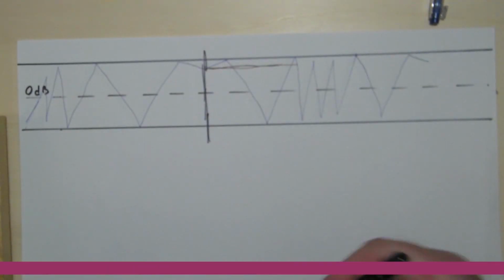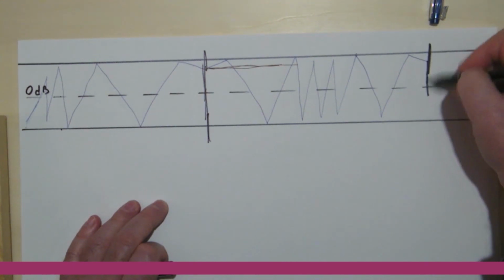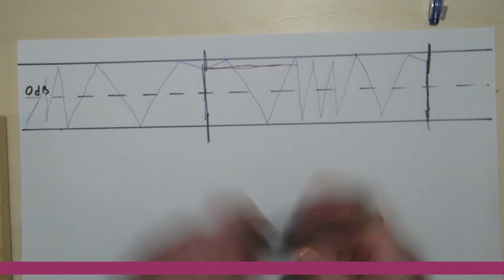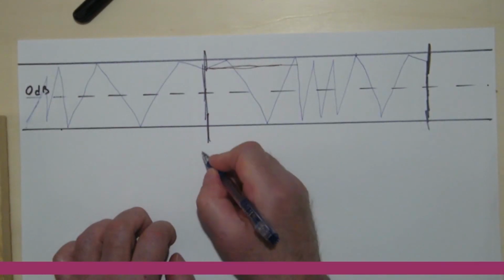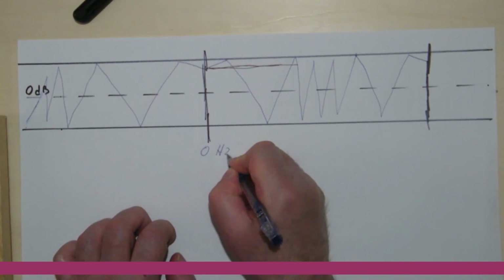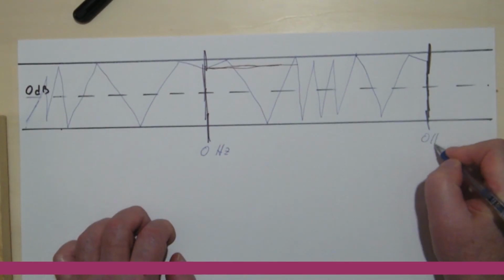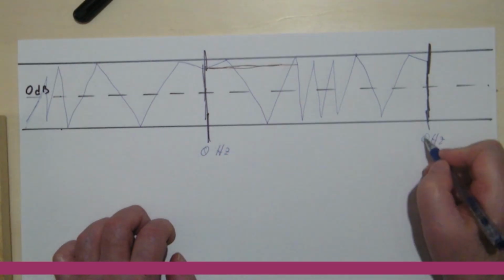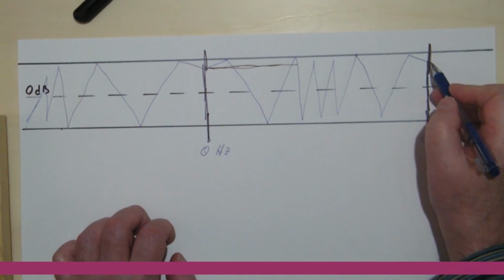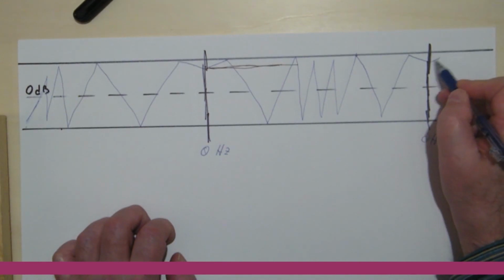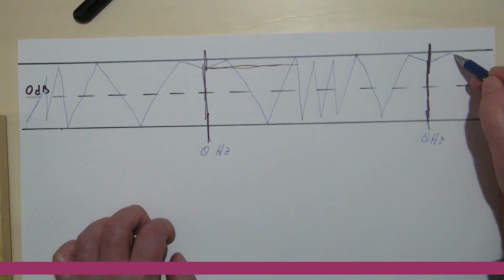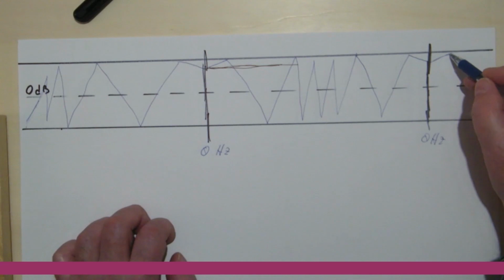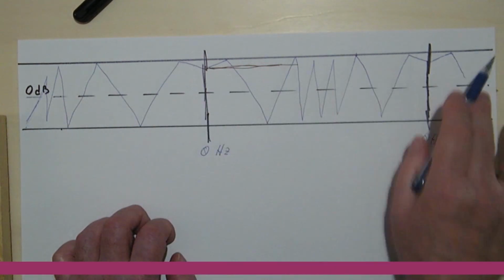Let me make the sign here. We have 0 Hertz, 0 Hertz, 0 Hertz. And then the same thing happens again. The frequency goes up, then the amplitude, sorry, not the frequency. The amplitude goes down, and the development is the same.